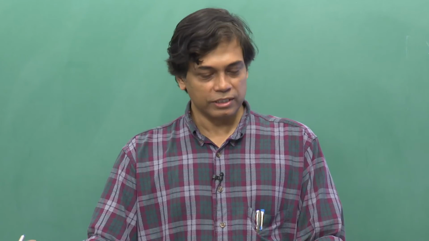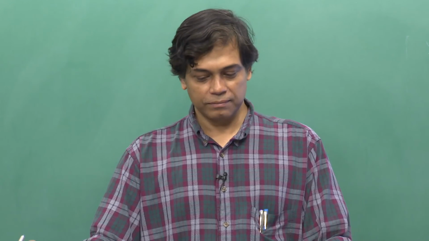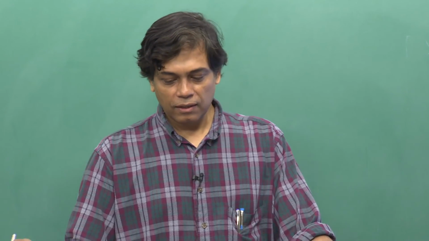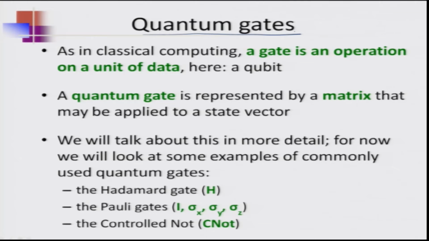Now, when we see what you can do with them, that is when we do the quantum gates. It can be parallel to the idea of a classical gate. In classical computing, a gate is an operation on a unit of data, which in our case is a qubit. A quantum gate is represented by a matrix that may be applied to a state vector.